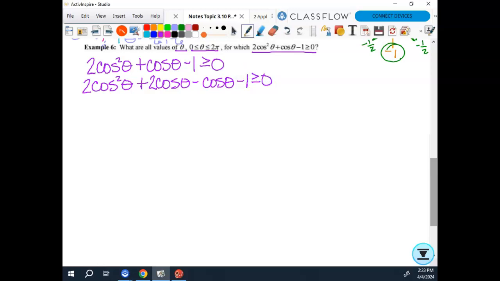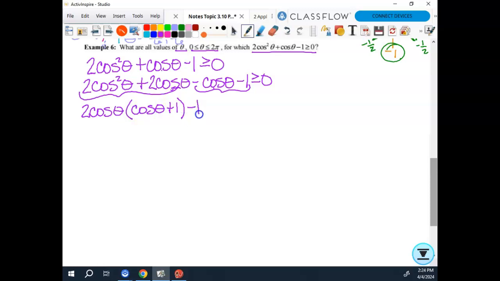That's the exact same thing I would do if those were x's and not cosine. If I combine these back together, I get this back. Then I factor by grouping. Here I can factor out a 2 cosine theta, which leaves me with cosine theta plus 1.